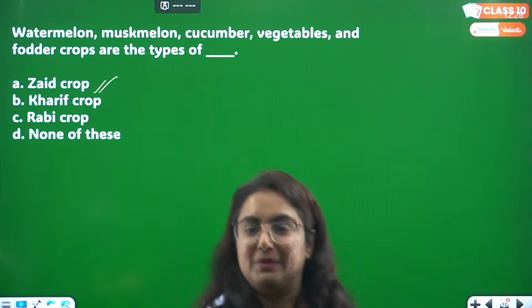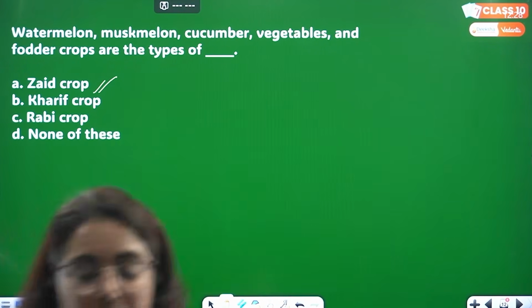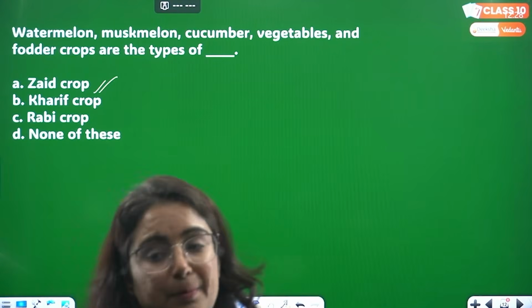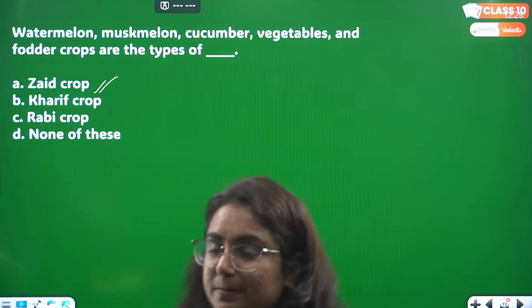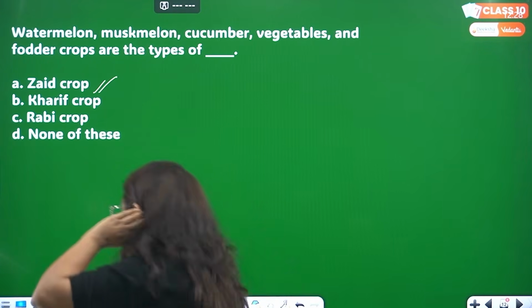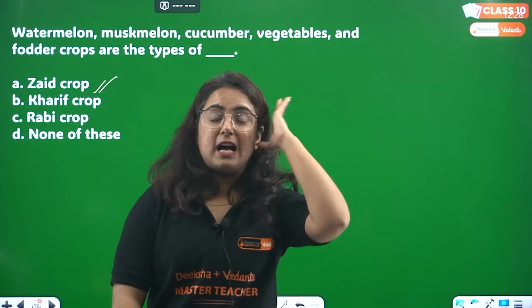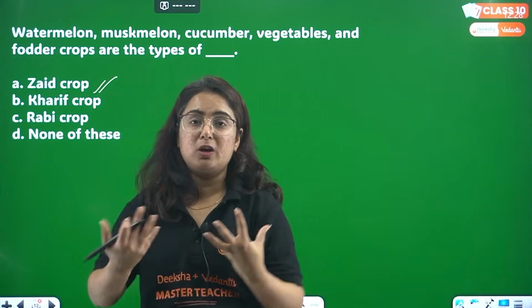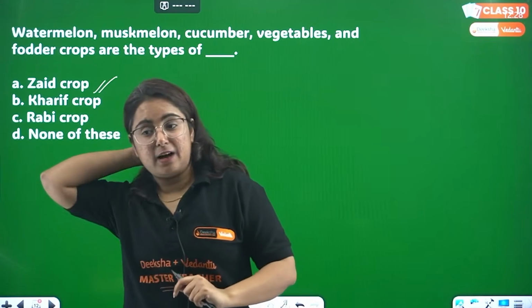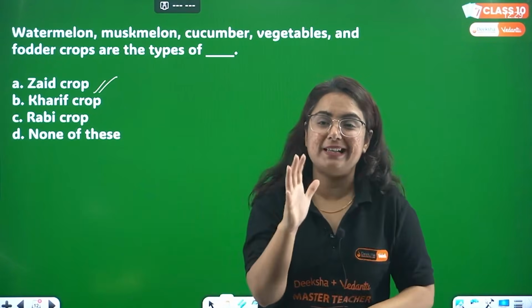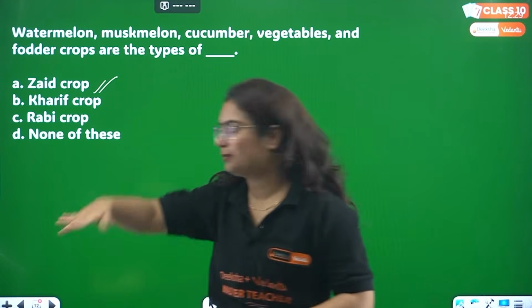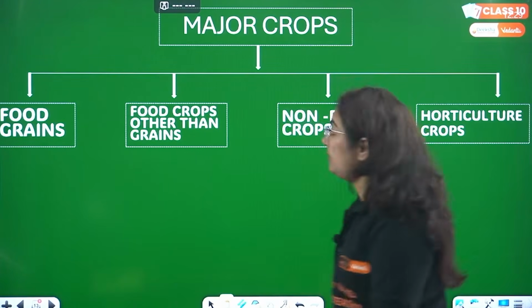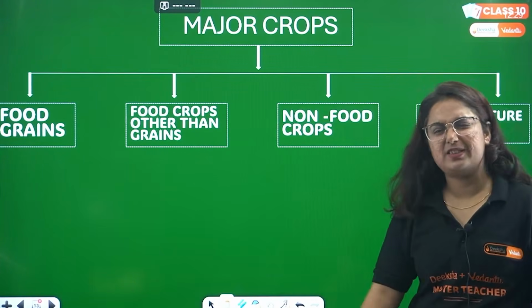Because we just completed this topic, and Zaid crop is the correct answer. By the way, I wish that we will do a live for this chapter and I will add more and more questions. Let me see whether after learning from me you remember anything, or everything goes skyrocketing out of your mind. Chalo.